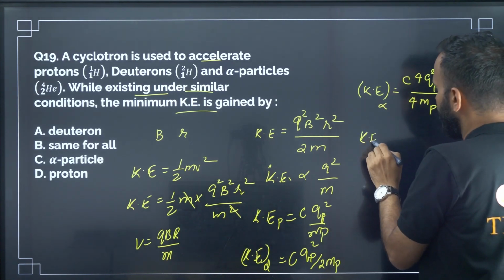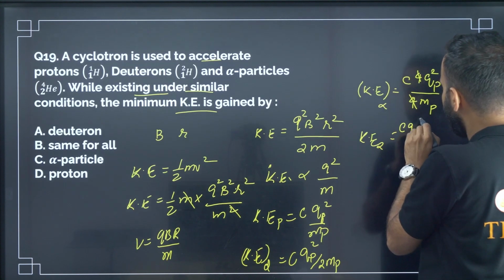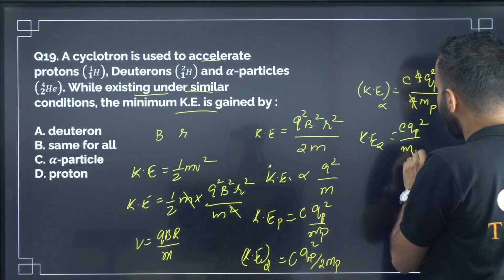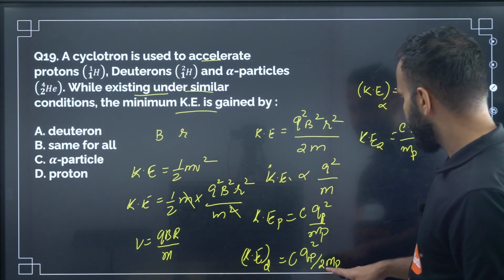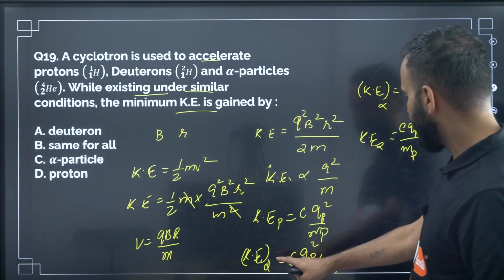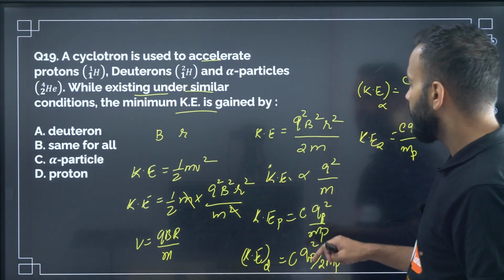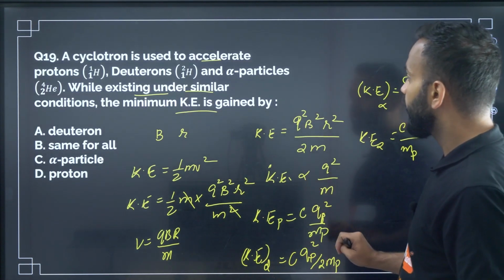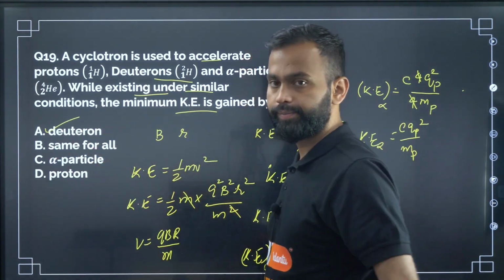So kinetic energy of the alpha particle is equal to c into qp square divided by mp, same as the kinetic energy of the proton. So the kinetic energy of the deuteron is 1/2 times kinetic energy of the proton, that is the minimum kinetic energy gained by the deuterons. Okay, so the correct option is A.